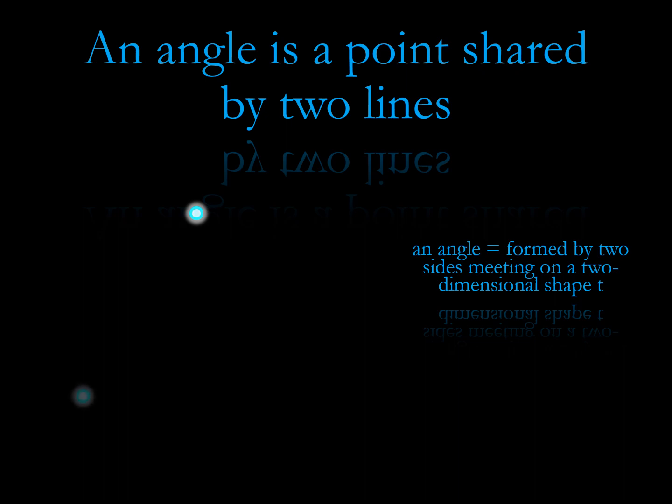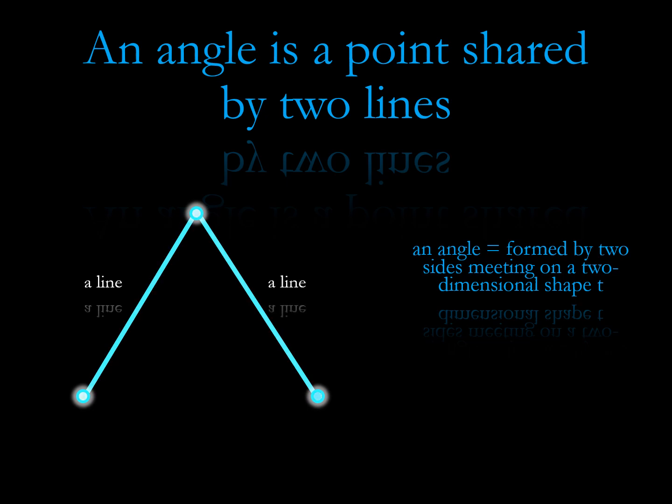And I'm going to make a second point. So now I've got 2 points, and I'm going to connect them. Now we have a line. This is not a shape yet. We just have 2 points and a line. I'm going to put another point there and draw another line.